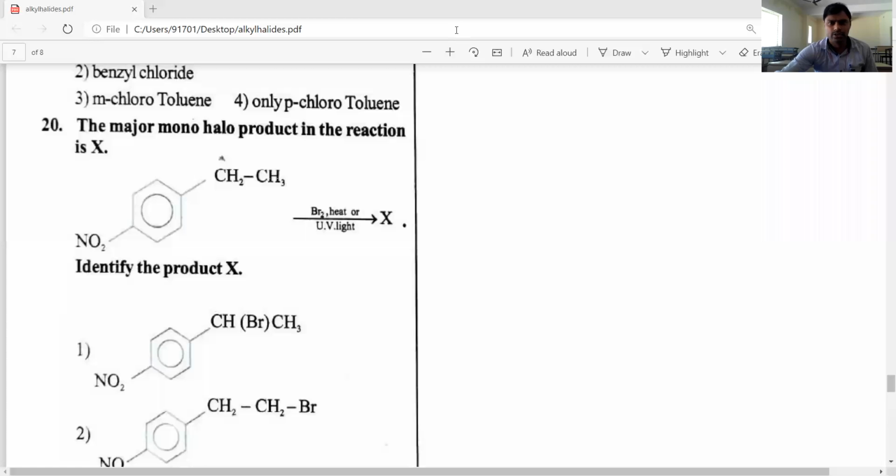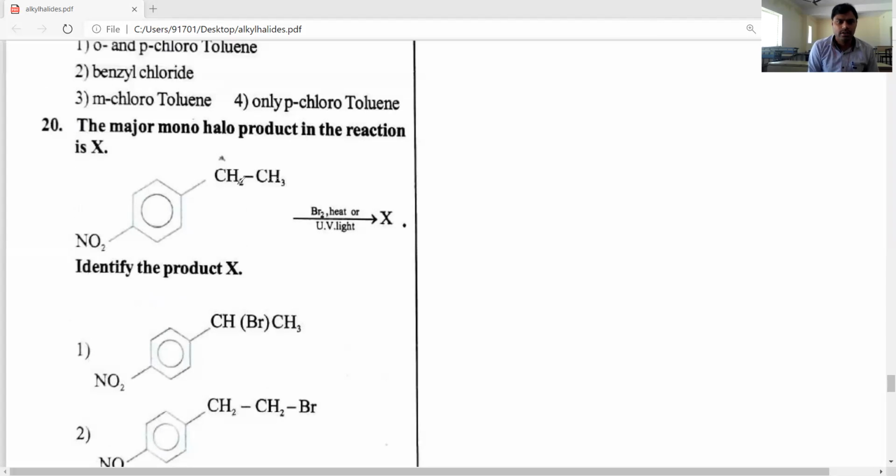See this 20th question. It's very easy. Here it is the benzylic position, the benzylic carbon, and bromine in the presence of sunlight. It is a free radical substitution reaction.